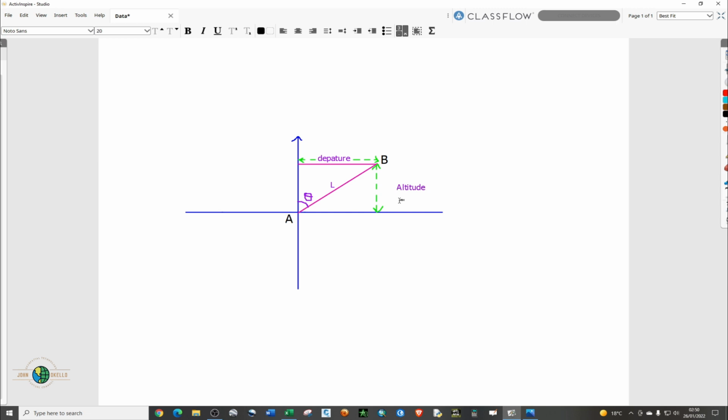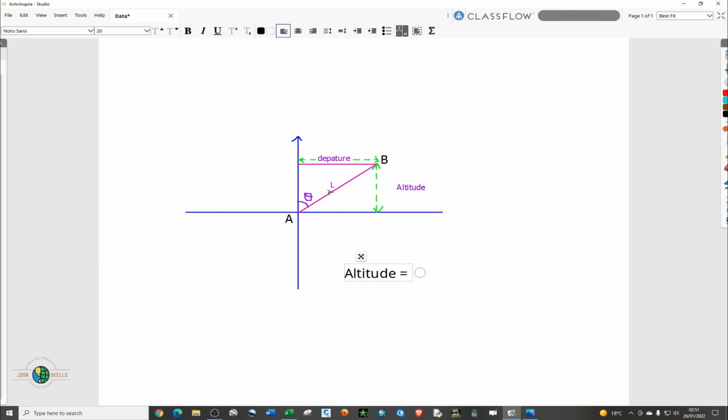So to find altitude, let me just type something here. Altitude is given by, we have this L as the hypotenuse and the altitude is our adjacent. So automatically that is cos.